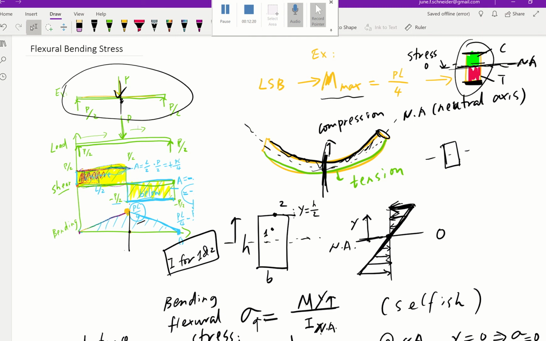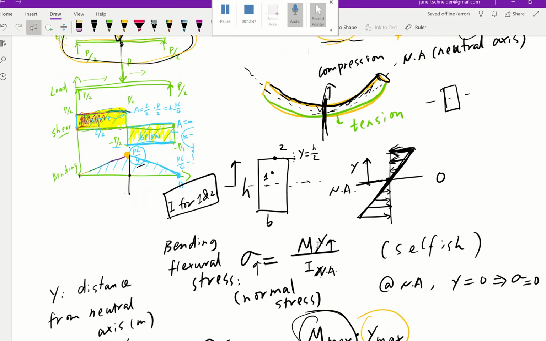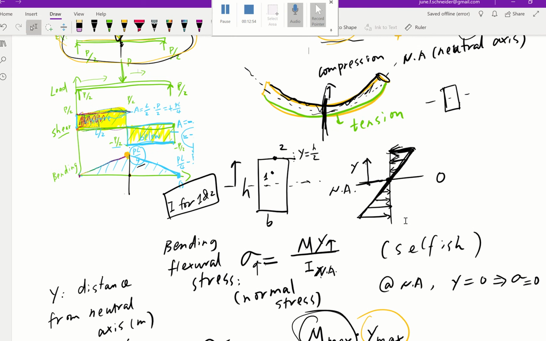If you are given a problem where they just give you the external loading, and they want you to find where the maximum bending stress happens and what it is, you need to go through the load, shear, and bending diagrams to find the maximum bending moment first, and then use our formula M y over I.